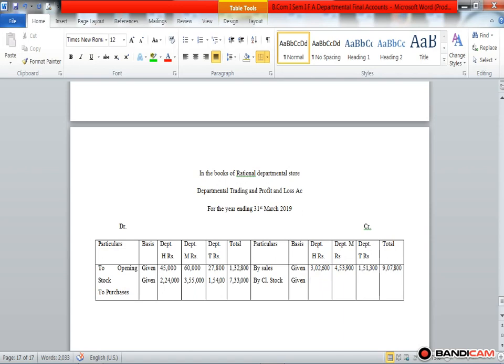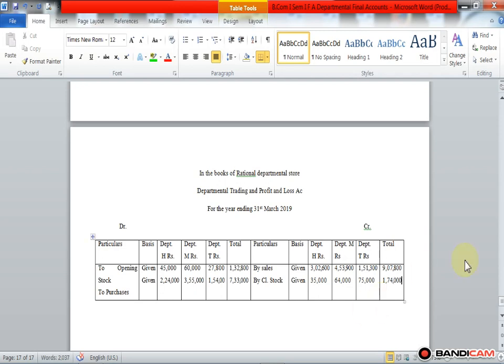So here given amounted to rupees 35,000 to Department H and 64,000 to Department M and 75,000 to Department T, and total is 1,74,000.